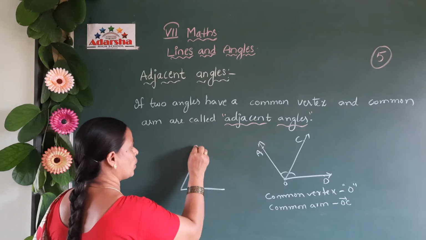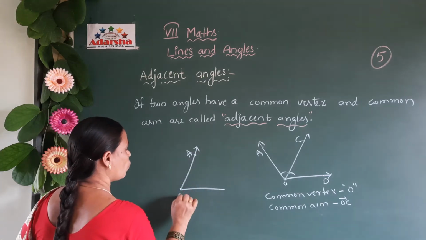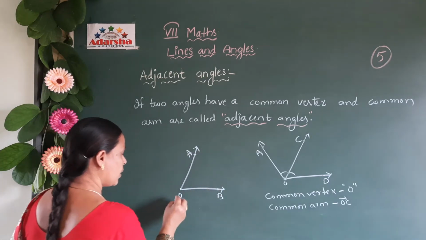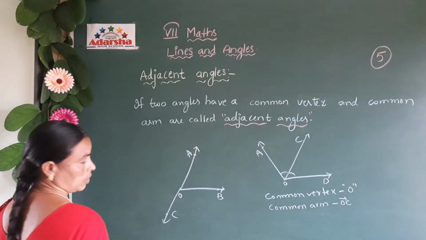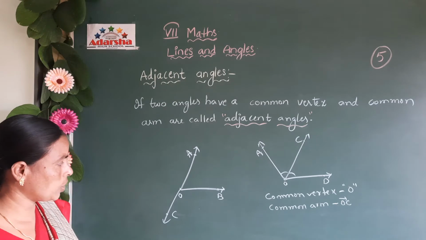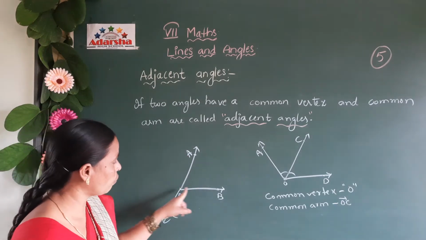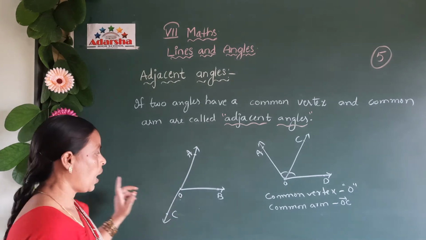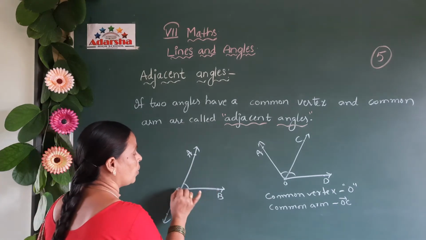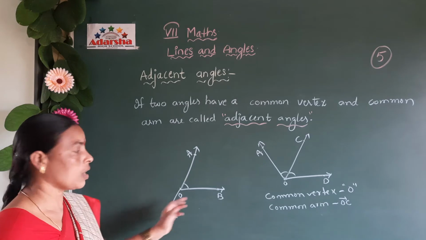See here one more figure. It is one angle AOB, and here one more angle is there. This is BOC. What about these two angles? The vertex of AOB is O and the vertex of BOC is O, and these two angles have the common arm. OB is the common arm.